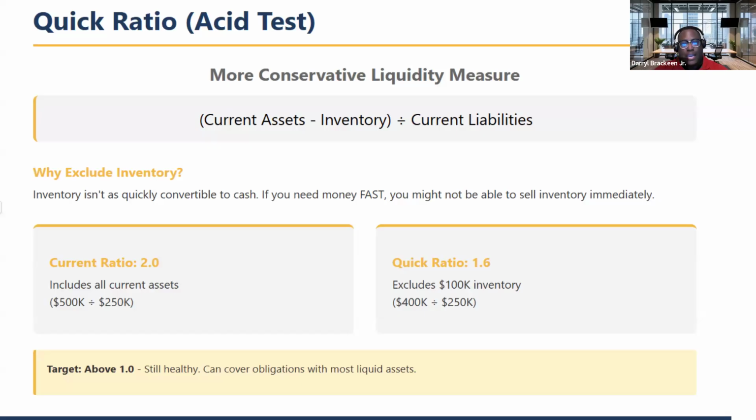If you needed fast cash, you might not be able to sell that inventory immediately, which is why you're not able to use the current ratio formula in this form. So the current ratio is 2.0 in our previous test, and in this more conservative measure, it is actually 1.6. Remember, it's still healthy because it's above the 1.0 line in terms of the target.